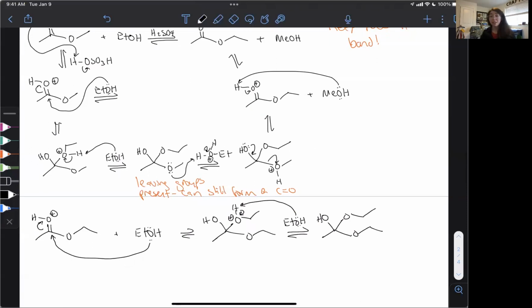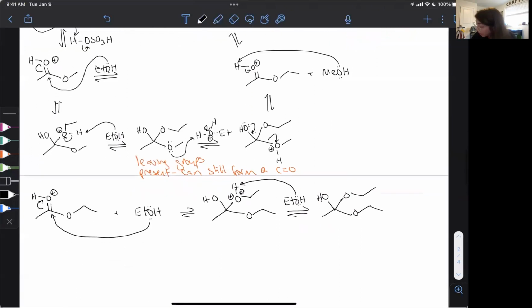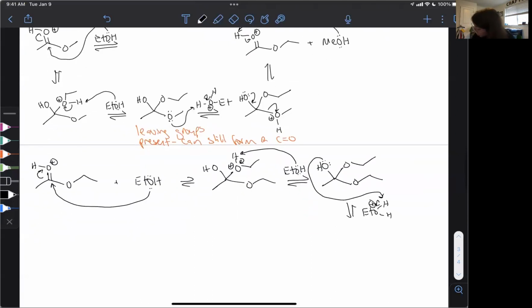Let's make it very similar to the acetal formation stuff that we did. Let's protonate that and turn it into a leaving group.